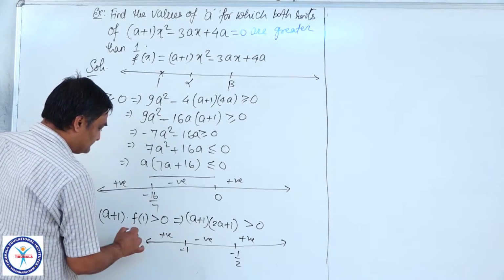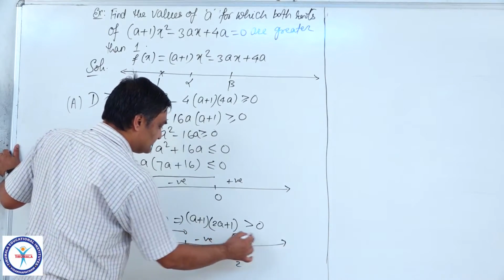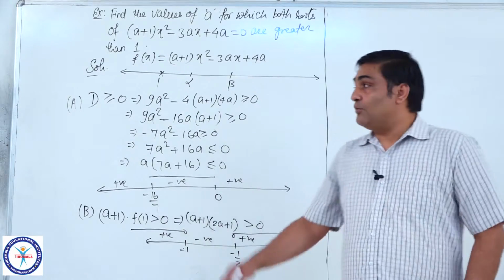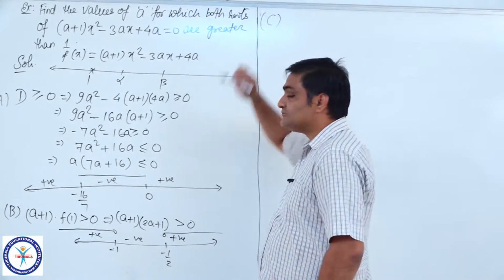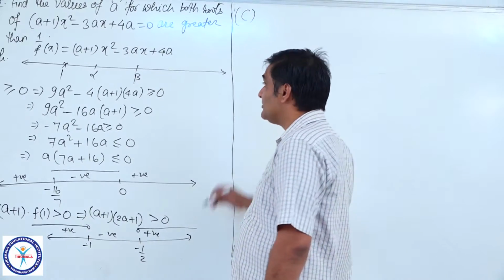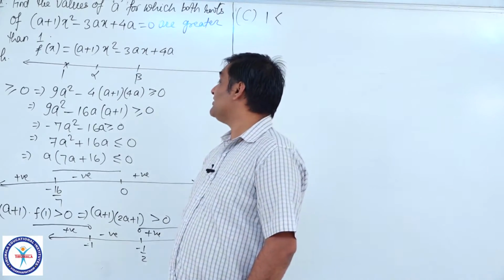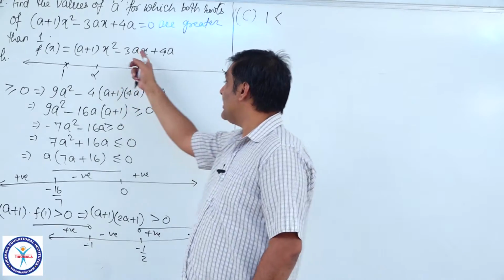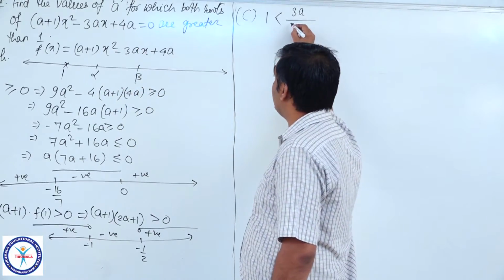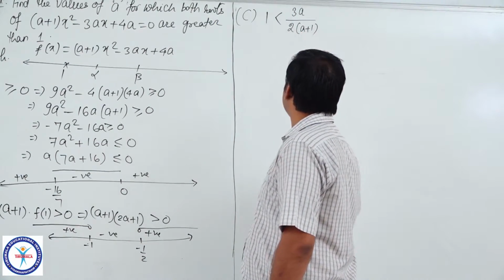So we need positive. Now, what is the next condition? k less than −b/2a. So k is 1, less than −b/2a. Minus b means 3a, by 2(a+1).